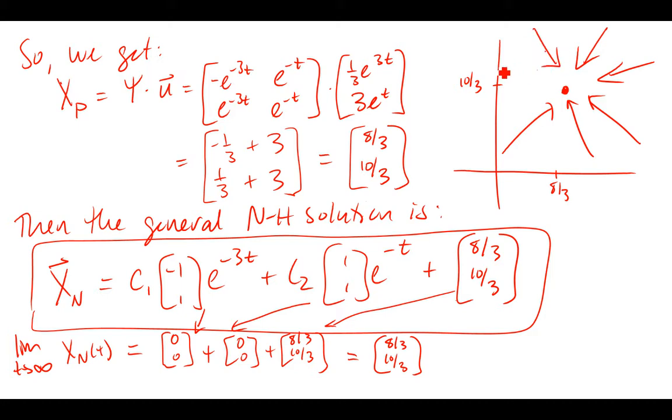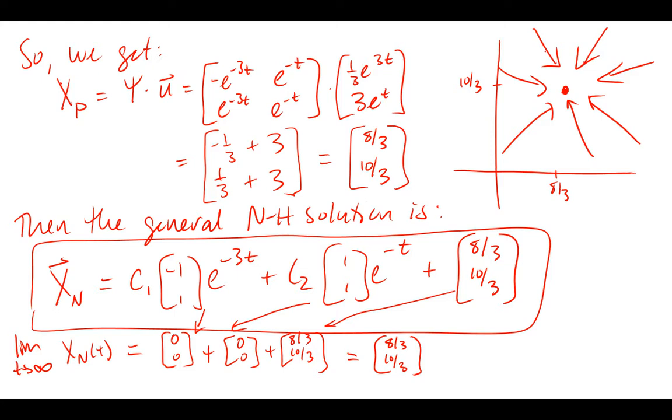So if I was just going for the not super fancy sketch of what's happening in this problem, in the long run, all the solutions are heading towards that point, 8/3, 10/3. And if you wanted to, you could still draw your little eigenvectors in.